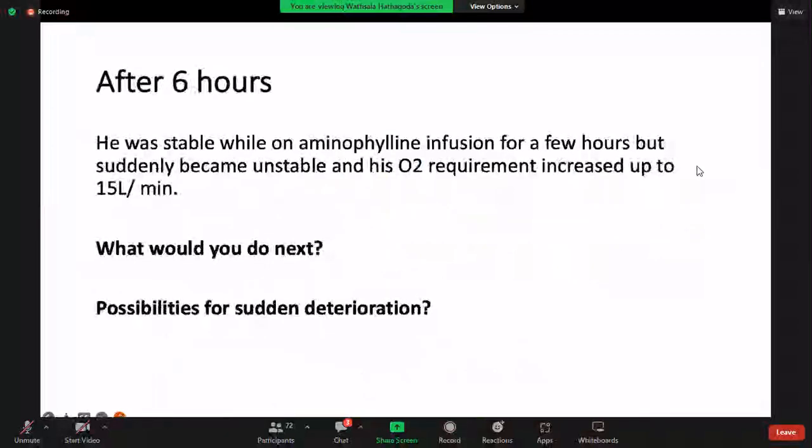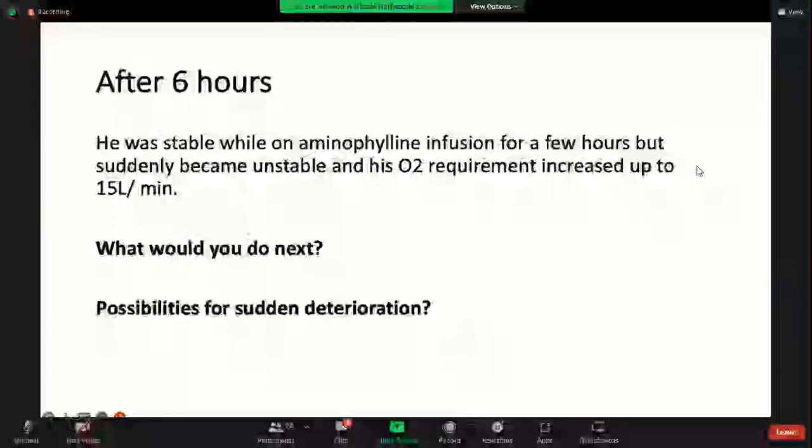So suppose we started this baby on aminophylline. He was stable for a few hours, but again suddenly became unstable, and his oxygen requirement went up. So what would you do next? We are talking about this baby who came with severe asthma, and there's a sudden deterioration in the clinical condition.